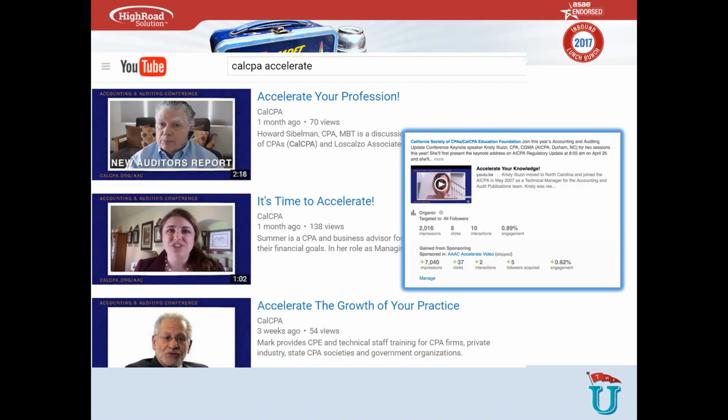We're using this as our TOFU content to pull them down, and then advertising is helping to pull them down this funnel so that we can offer the conference to them.